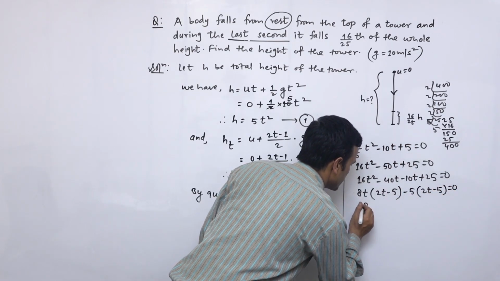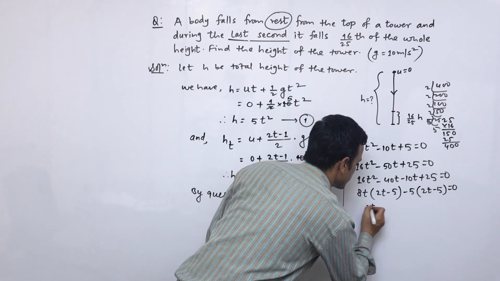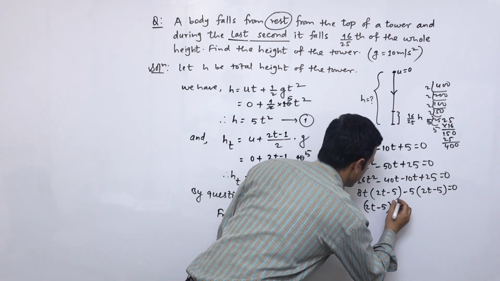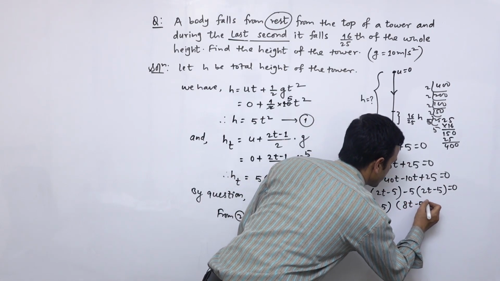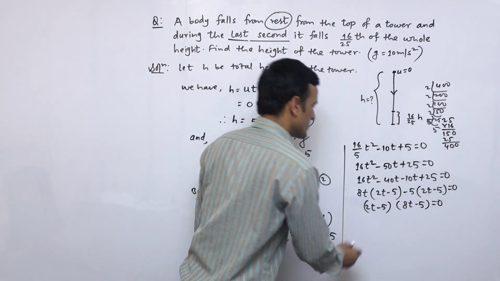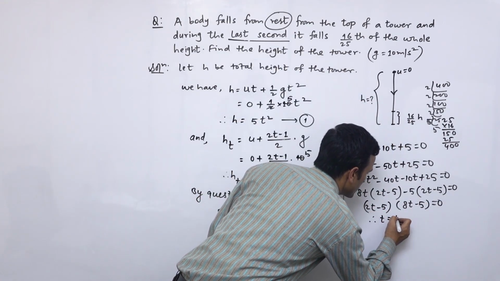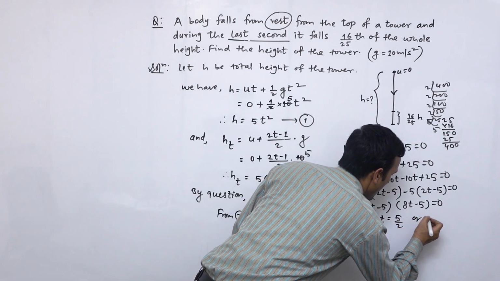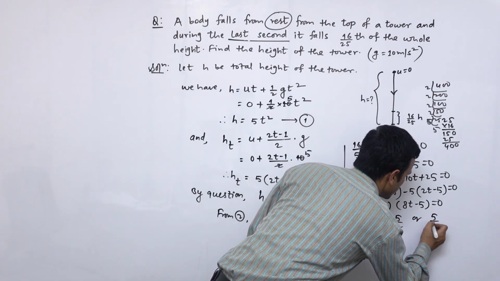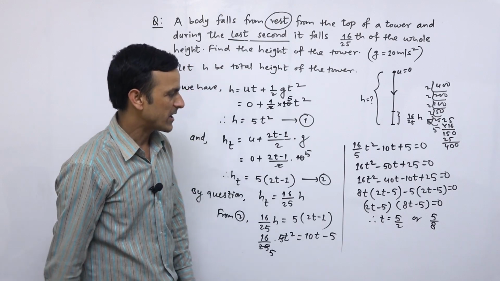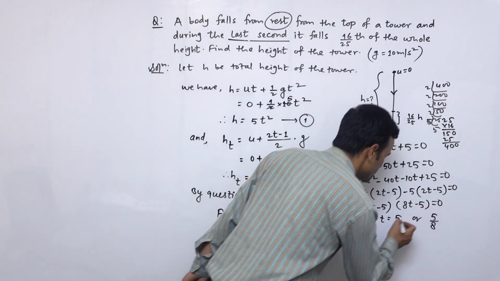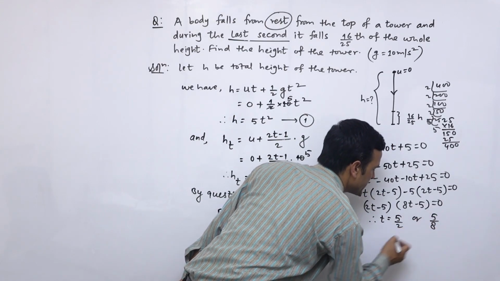So it is (2t minus 5)(8t minus 5) is equal to 0. So from this we get t is equal to 5/2 or 5/8. So these two values are obtained from this.